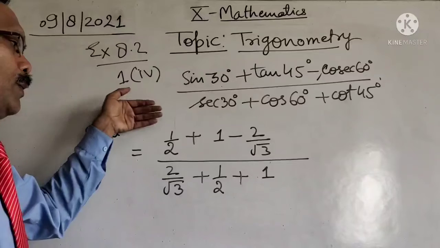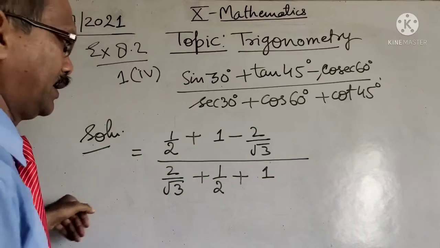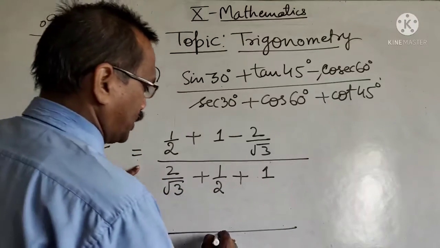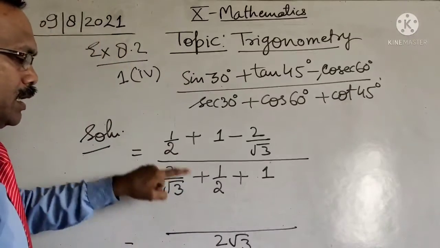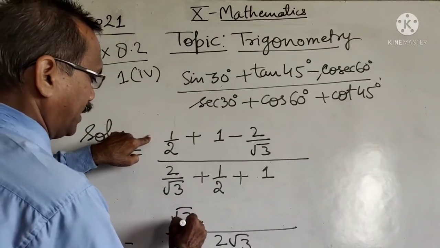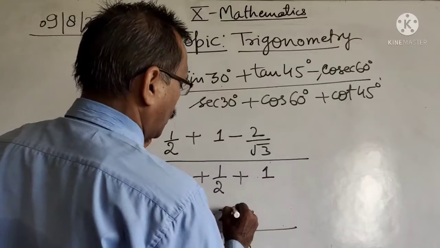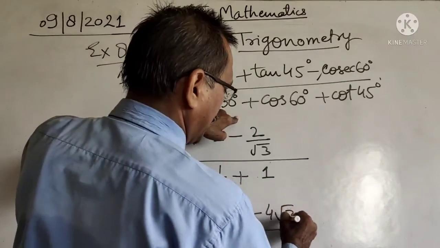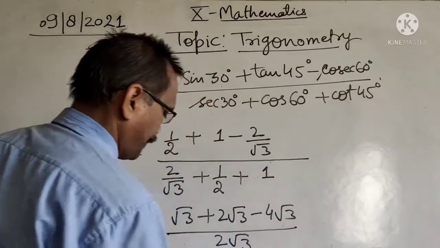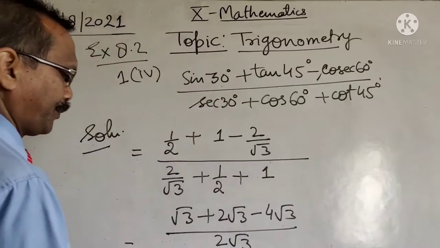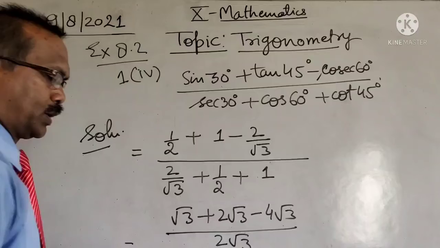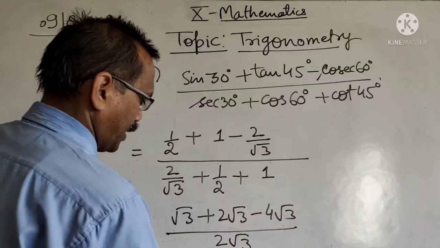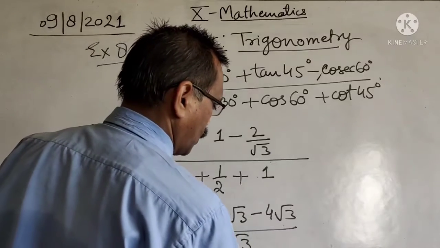Now take the LCM of numerator and denominator separately. LCM of numerator is 2 root 3. Here 2 cancels, so it is root 3 plus 2 root 3 minus 2, 2 fours are 4, so it is 4 root 3, whole divided by 2 root 3, LCM of denominator, it is 4 plus root 3 plus 2 root 3.